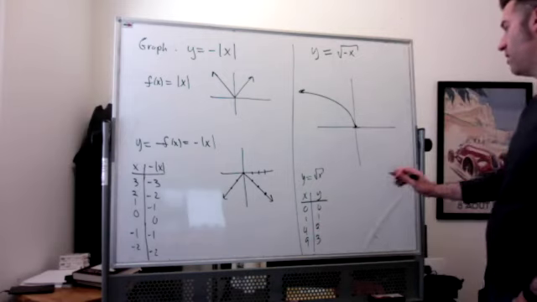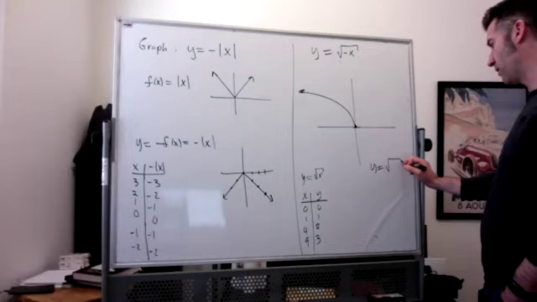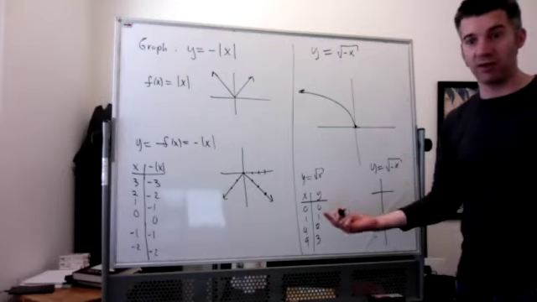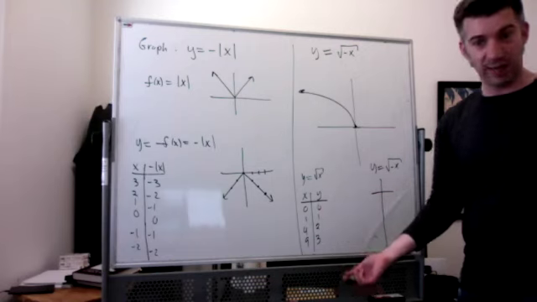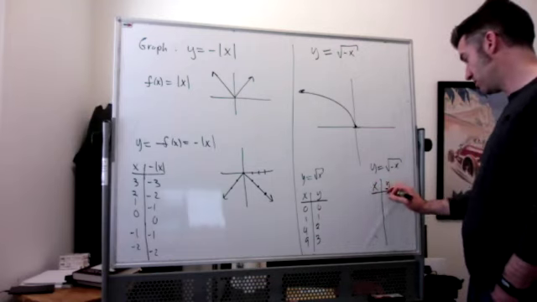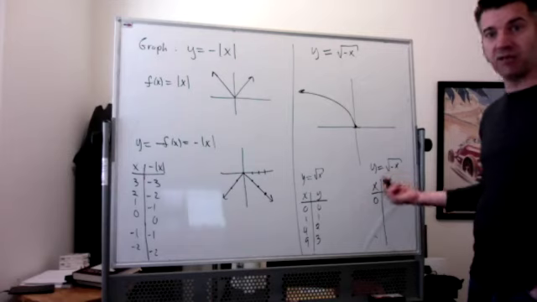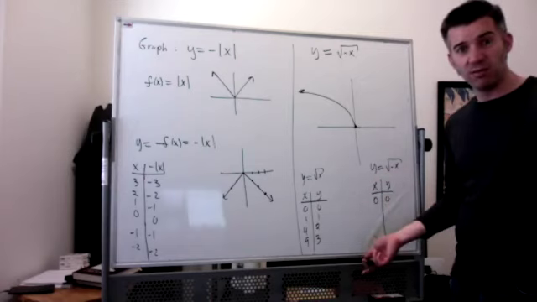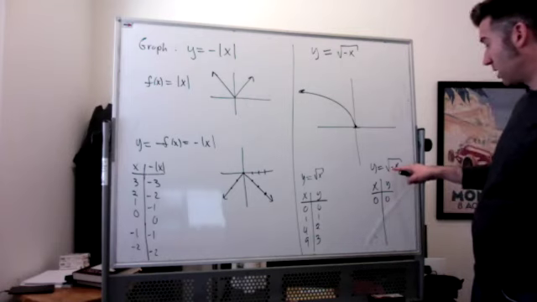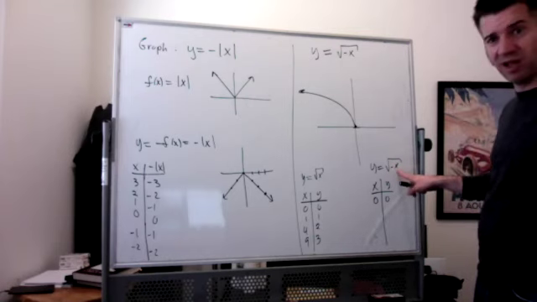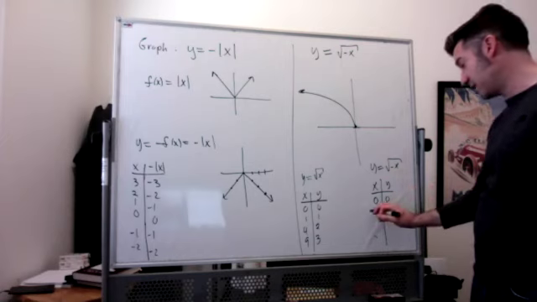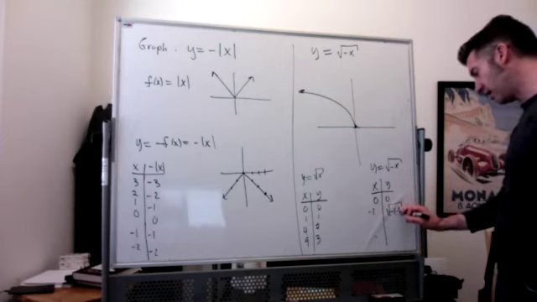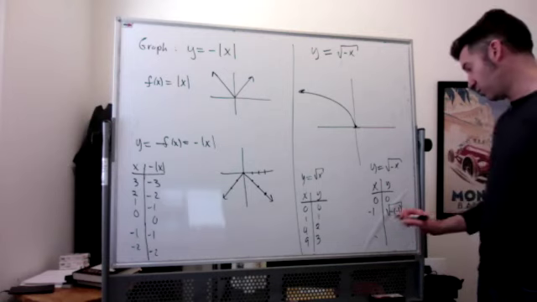But the problem is now if you've got y equal to the square root of negative x, you have to adjust your x values so that you still can get the same y values. If x is 0, negative 0 is still 0, and the square root of 0 is still 0. But now x can't be 1. If x were 1, you would get the square root of negative 1, which is not real. So x has to be negative 1 so that we get the square root of negative 1, which is the square root of 1, which is 1.